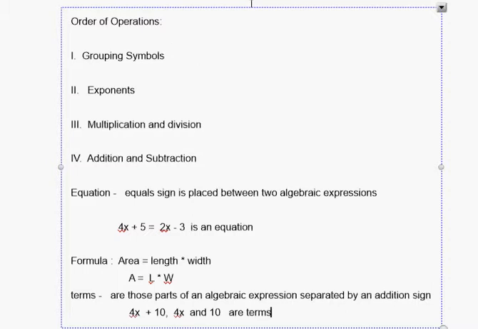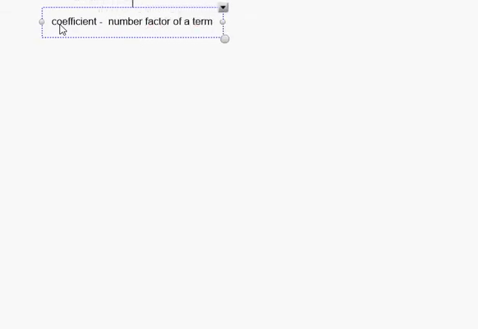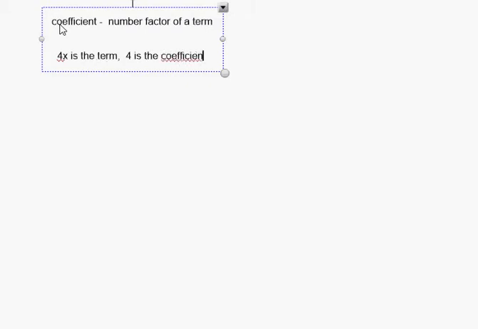Now let's talk about what is a coefficient. The coefficient is the number factor of a term. So if we have 4x as the term, 4 is the coefficient because it is the number factor of the term.